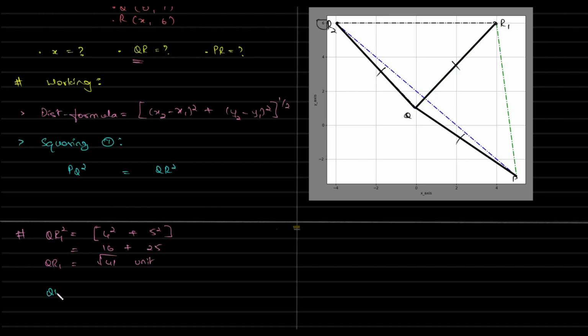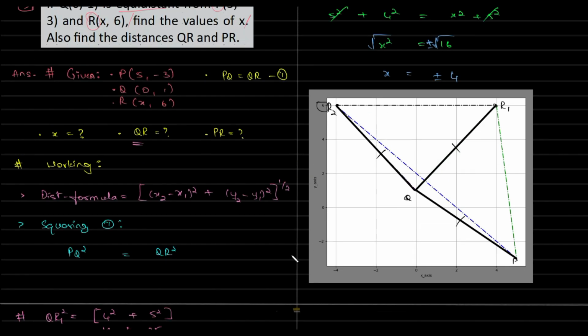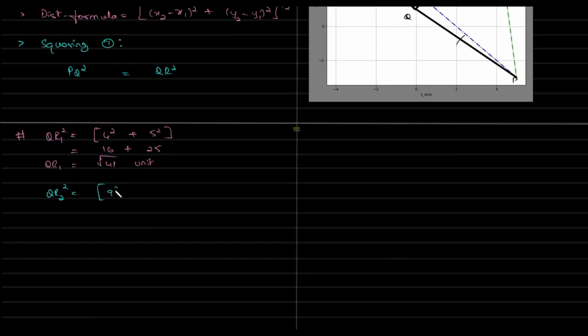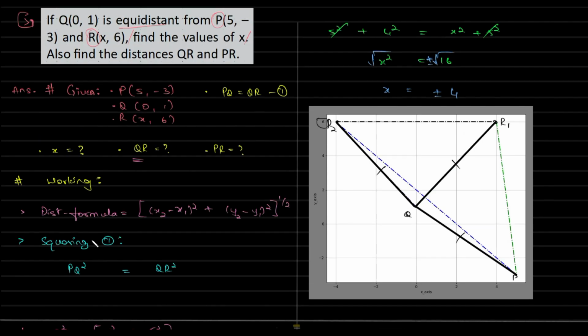Next, QR2 square is equal to, we have, this is a lot longer, right? So 5 and minus 6, so 5 plus 4, so 9 square plus 5 square itself. This is 81 plus 25, and so this will be 106. I think we need to find PR.